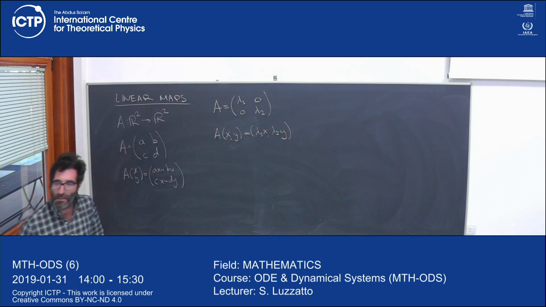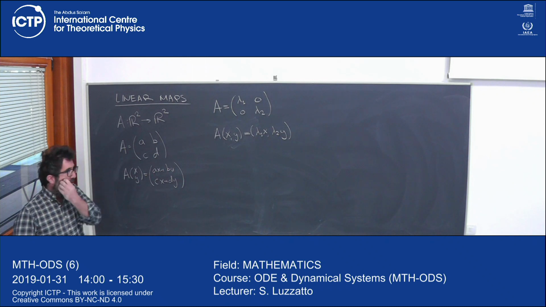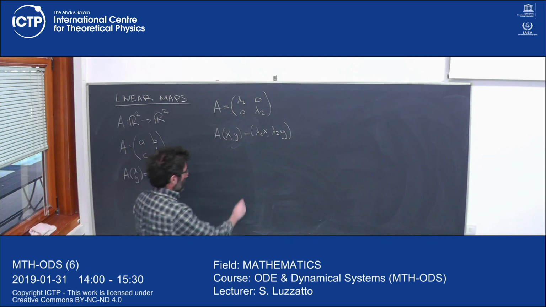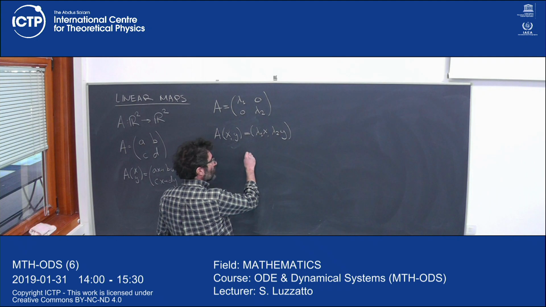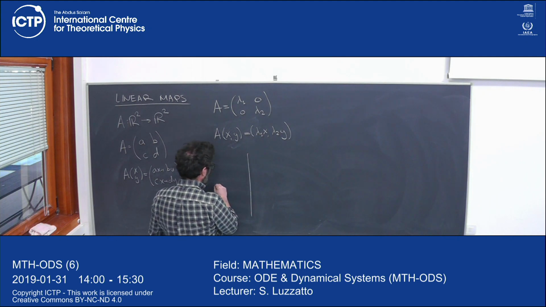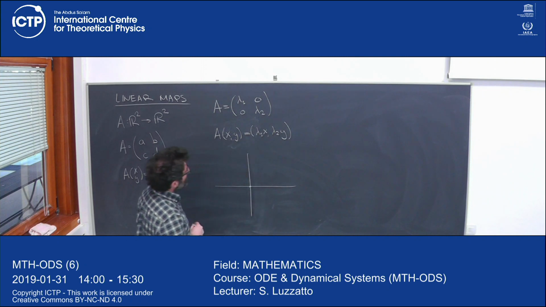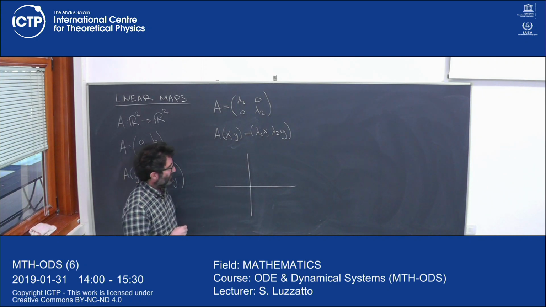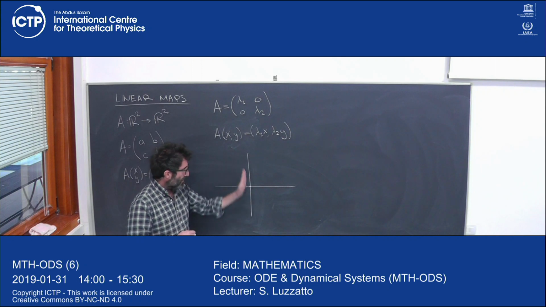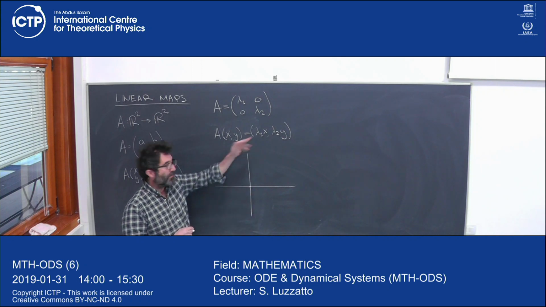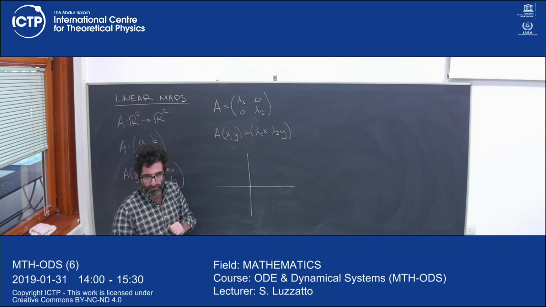This is the diagonal linear map. It is particularly easy to study, and of course it depends on lambda 1 and lambda 2, but the key observation is that if you restrict yourself to the axes, then these are exactly the one-dimensional maps that we studied before, right? We looked at all the various cases.